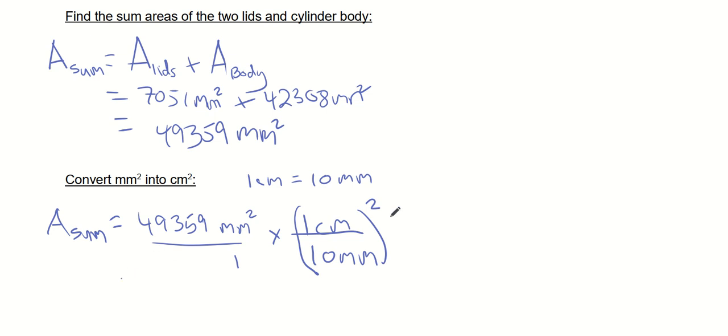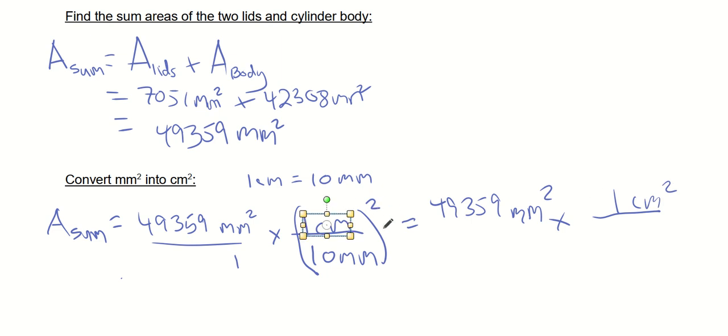So, maybe I should expand it so you can see. Essentially, it becomes 49359 milliliters squared. And now you have 1 centimeter squared, because this centimeter applies to both of these.